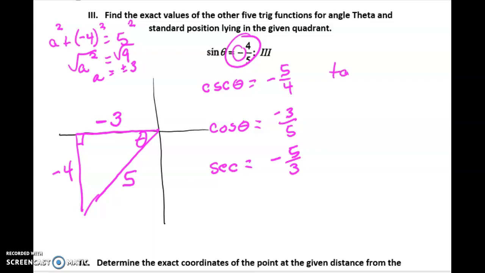Tangent is opposite leg over the adjacent leg. The opposite leg is negative 4. The adjacent leg is negative 3. Negative 4 over negative 3, which is positive 4/3. And the cotangent is the reciprocal of tangent, so we would have 3/4.